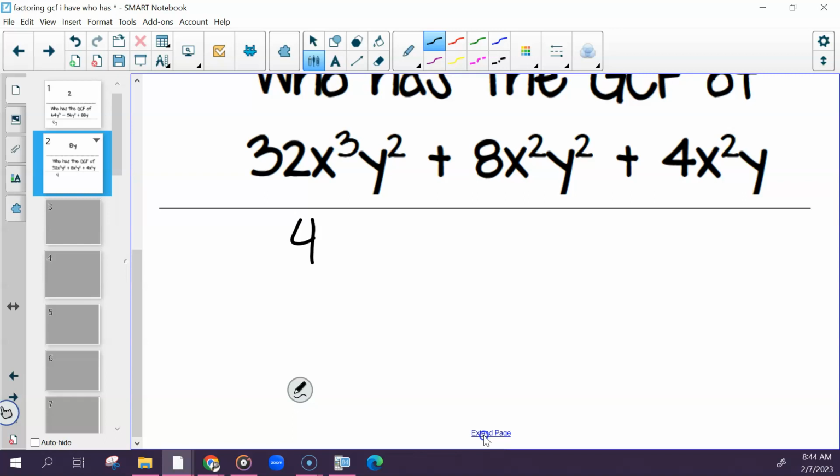So not 4x, but something else. Would y be squared for this one? No, there is a y in there. So someone who has a 4 and a y and there's an x, Tegan. Mm-hmm. Go ahead and read your card.